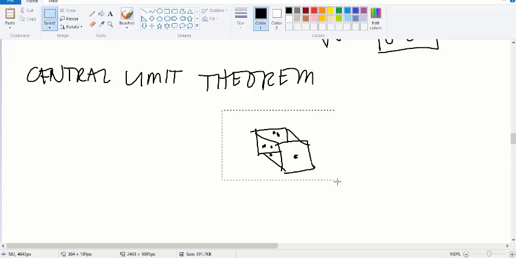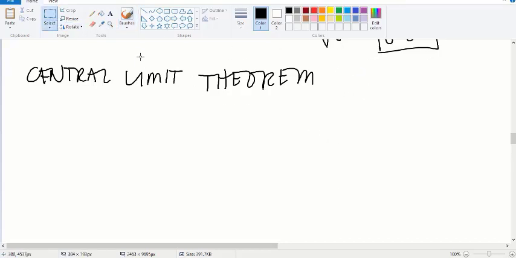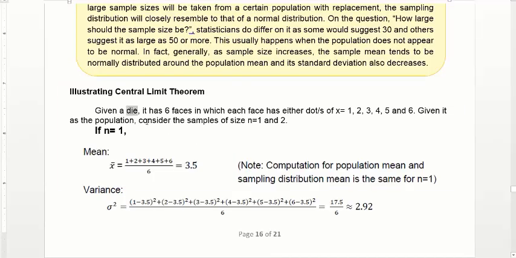That is just an illustration of a die. So, given a die, it has 6 faces, in which each face has either a dot or dots of X. The elements would be 1, 2, 3, 4, 5, and 6.